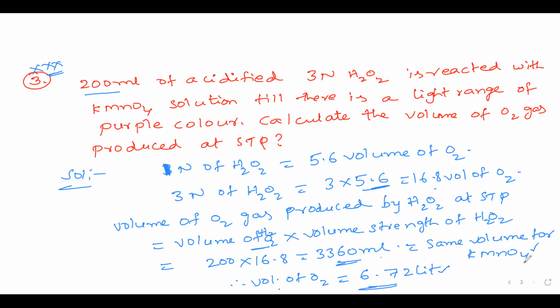Next concept, we have uses of hydrogen peroxide. Before going to uses, I would like to teach the structure of hydrogen peroxide. The structure of hydrogen peroxide is also very important, because they ask questions from the structure also. So let us see the structure of hydrogen peroxide.